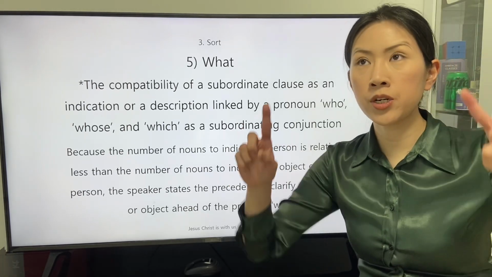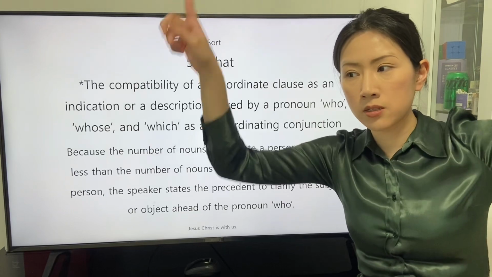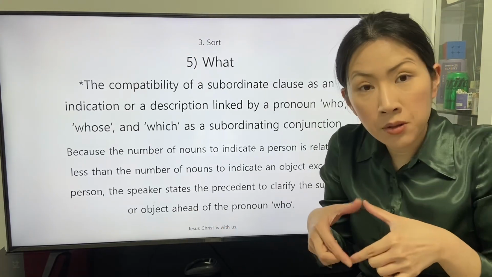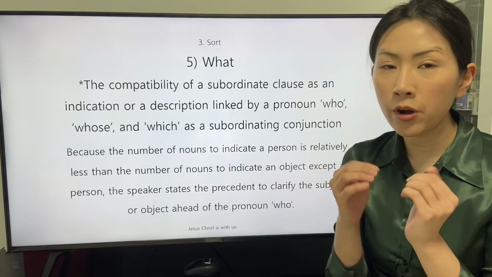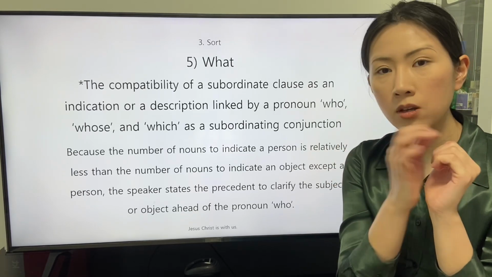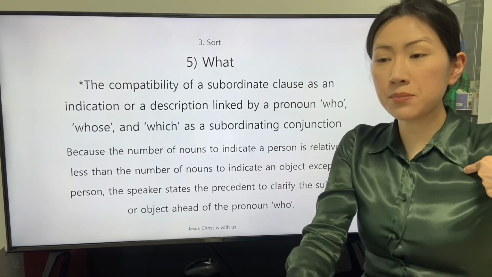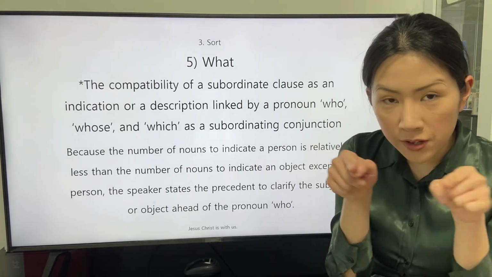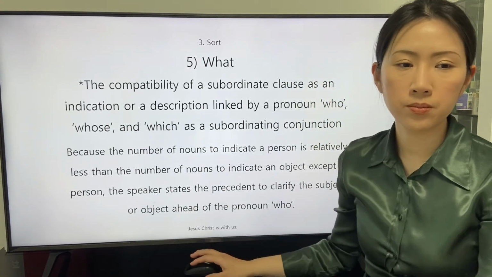We can consider the entire range of the noun like this, and the noun to indicate a person is a part of the general noun and a part of the proper noun. So we can accept that the range of the noun to indicate a person is small.